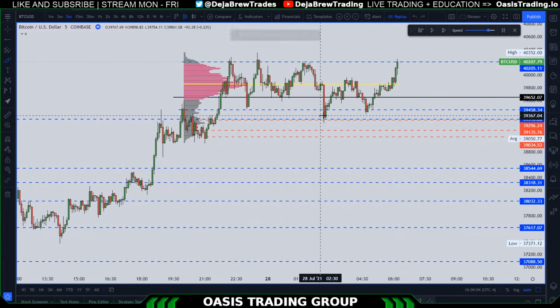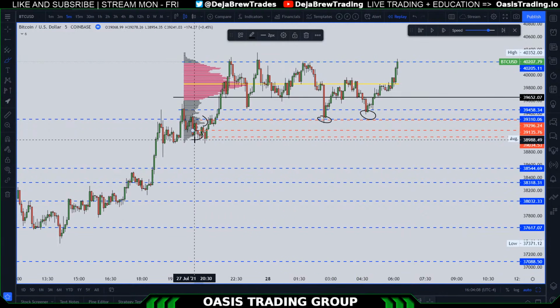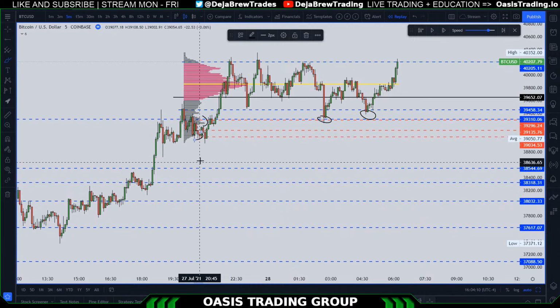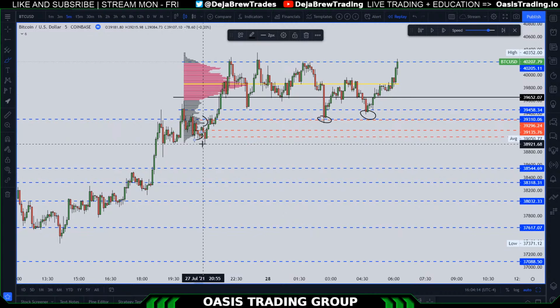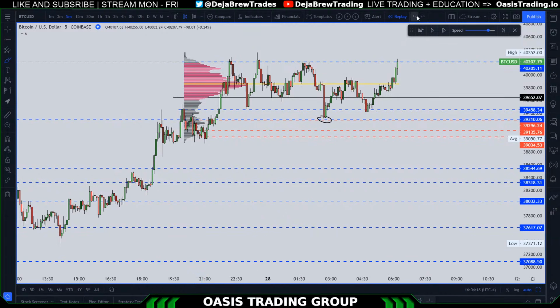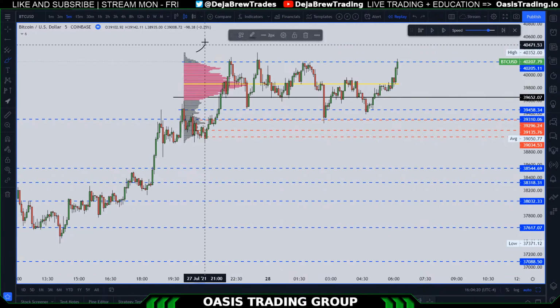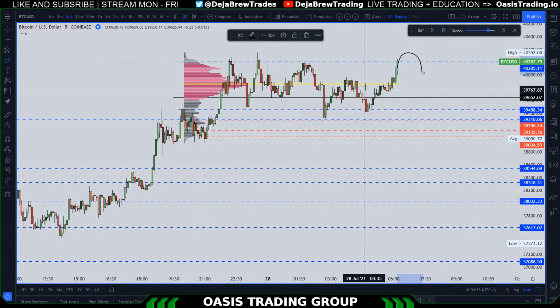So like back here, there was support down here below the value area low. So it gave you those levels that you could use as a support to buy that trade. But this one's not giving you those nodes to sell. So you probably would not be looking for a short unless it did something like that.